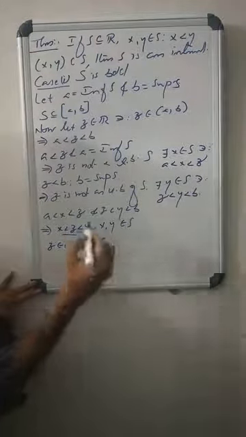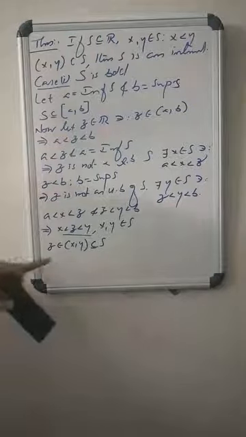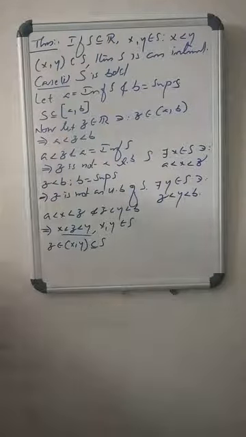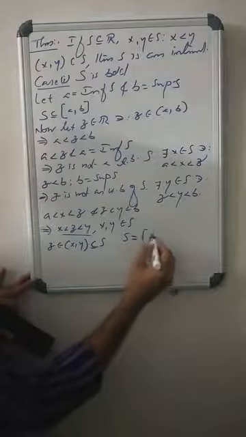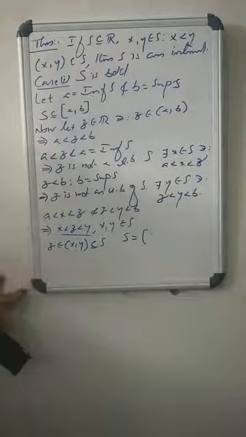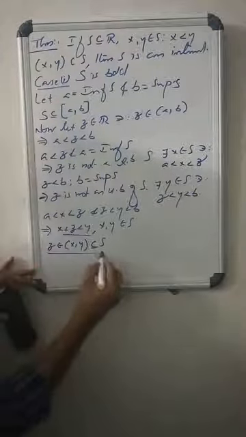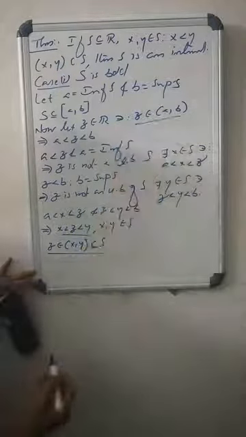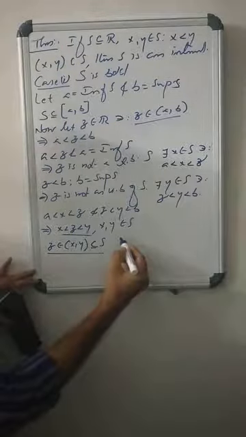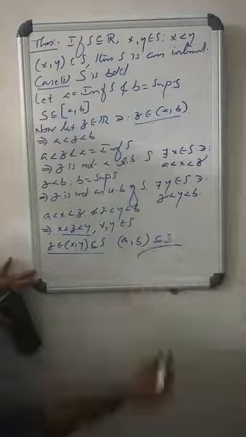That's a part of S. So z falls in S, but z was chosen from the open interval (A, B). Hence, we can say that the open interval (A, B) is a part of S.